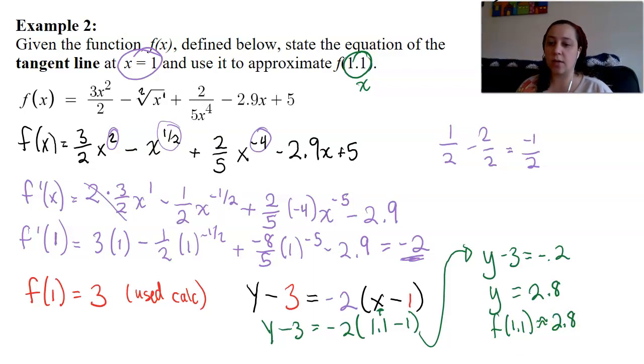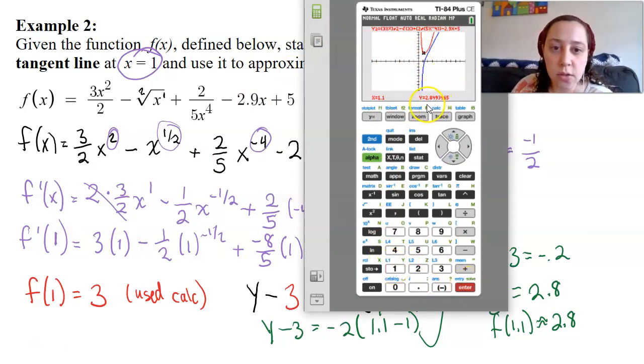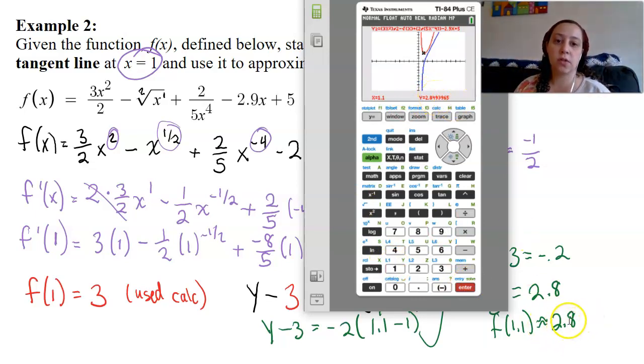And if I check that in my calculator, if I put in 1.1 in my trace, I get 2.849. So it's very close to this value. So this allows us to approximate.